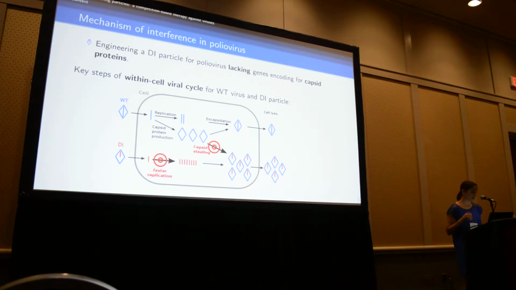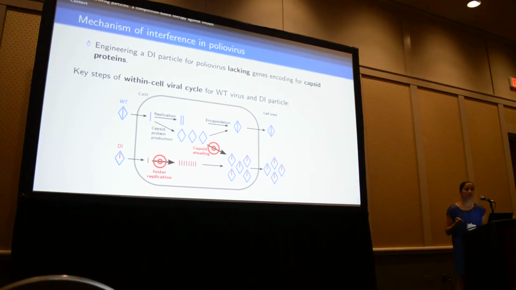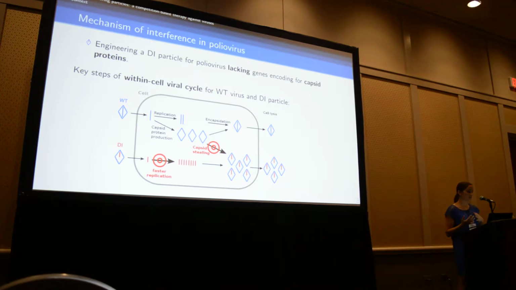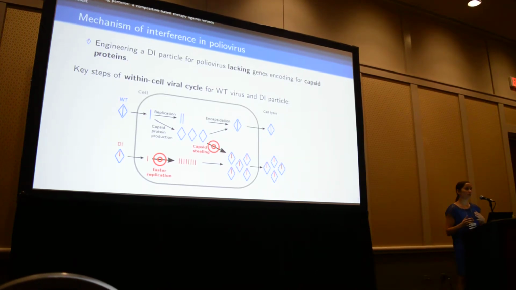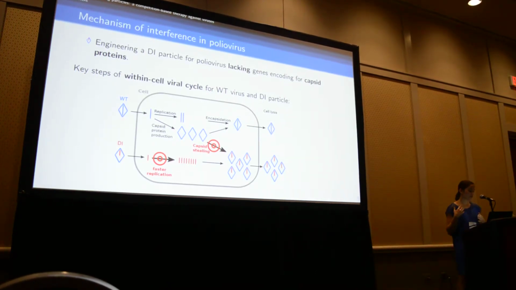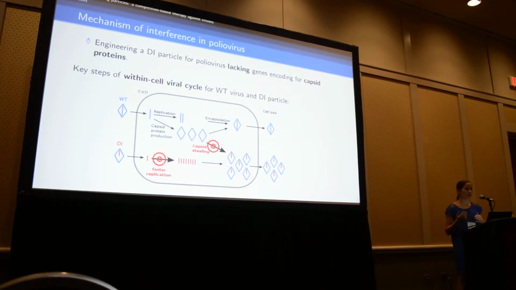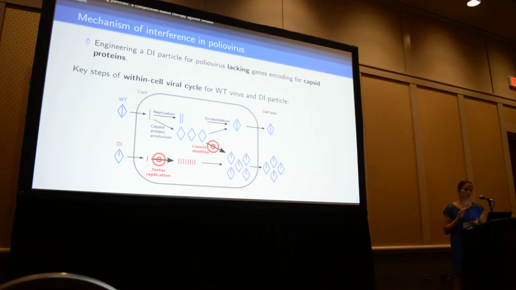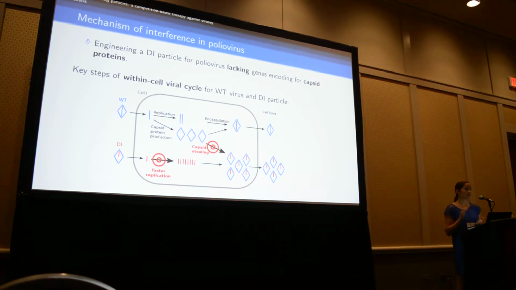As a consequence, here are the key steps of the within-cell viral cycle for the wild-type virus and the DI particle. First, when a wild-type virus infects a cell, its genome will get replicated, it will produce new capsid proteins, and the newly produced genomes will get encapsulated to produce new virions that are going to be released at cell lysis.